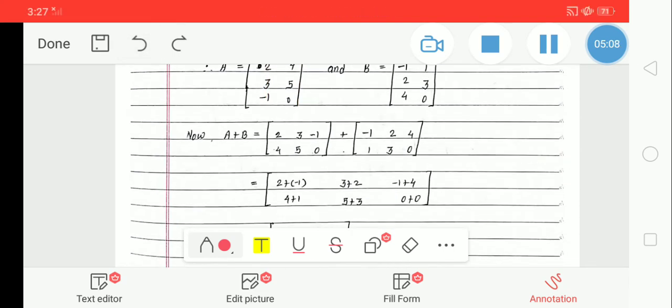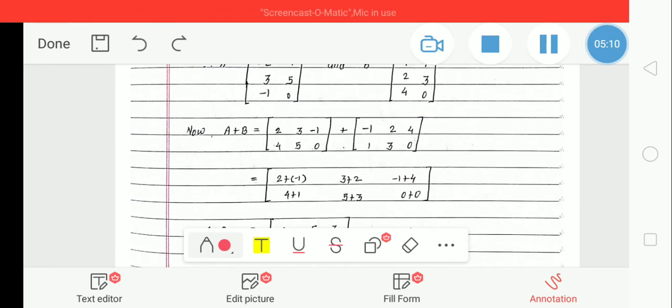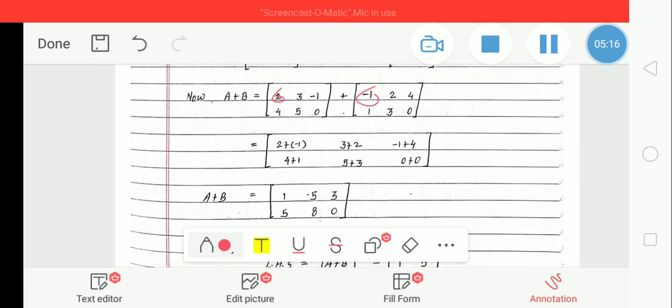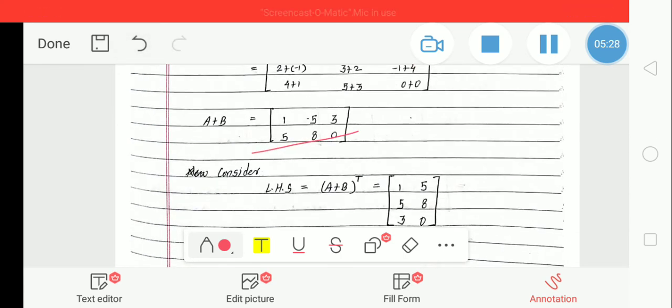Now A plus B means addition of two matrices. We know that; we studied it in our last lecture. This element plus this element, this element plus this element, and this plus this, and this plus this: 5 plus 3 and 0 plus 0. Now we have this matrix.